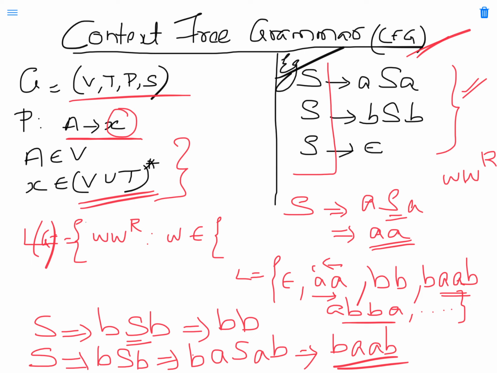So W can be any element belonging to the set A and B, and epsilon is also included, so you take it as star. You can write it as W W raised to R, where W belongs to T star, and T is A and B. This is the way you can write the language for the given grammar.